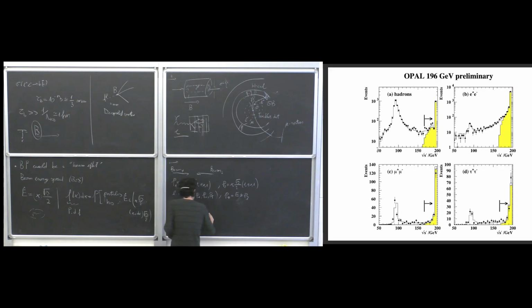It has a P minus that is 0, because it's a nearly massless particle that is moving along the z-axis, parallel to the z-axis, and of course 0 transverse momentum, while P2 has 0, x2 square root of s, 0. Okay.